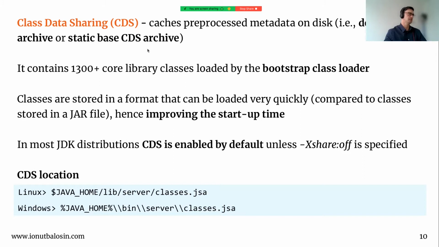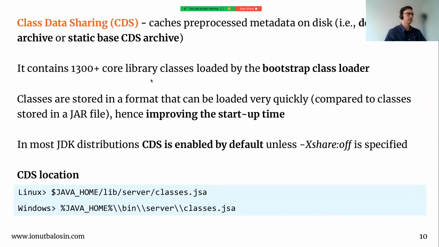And this feature has existed for a while. As of JDK 18, I had a look. It contains about 1,300 core library classes. This only contains core library classes. This doesn't contain, for example, any application class path classes, or if you have some custom class loaders. This is just core classes, for example, java.io, java.nio, and so on and so on.